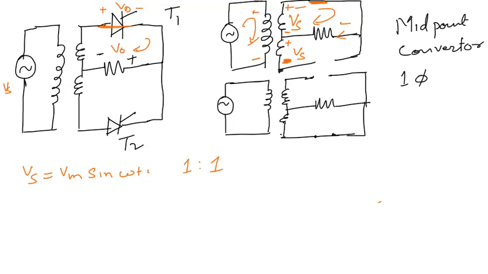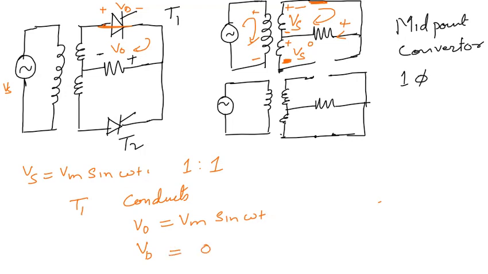During this condition when T1 conducts, V naught will be Vm sin omega t. Secondly, Vd will be 0.